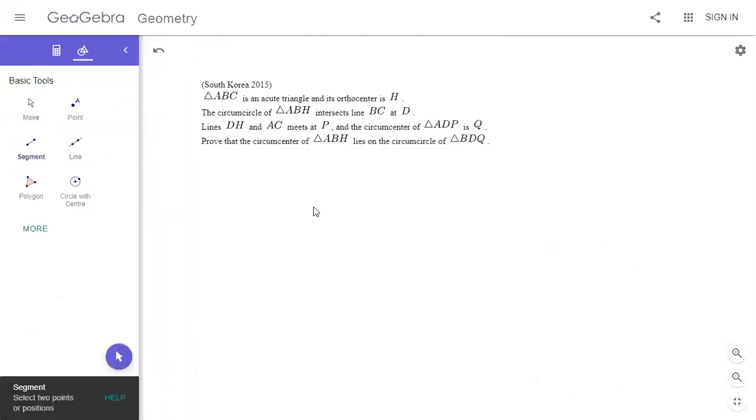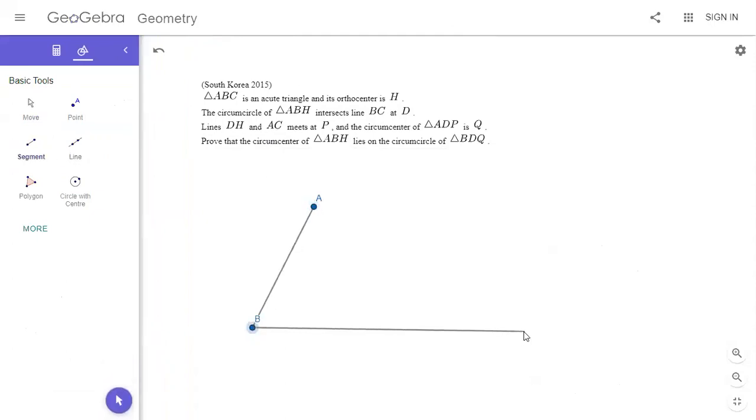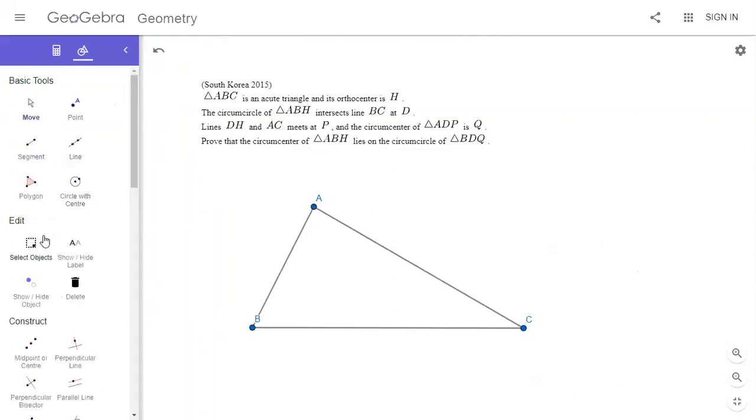So triangle ABC is acute. The orthocenter is H. Do we want to put A and B at the bottom and C at the top for this question? I'll just leave it like this for now and see.